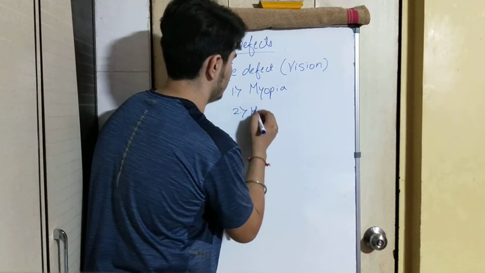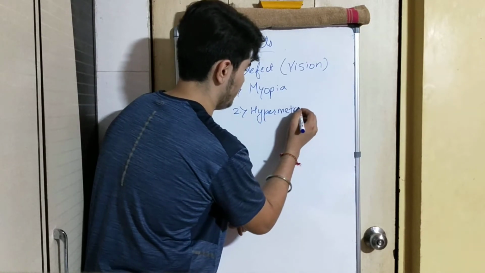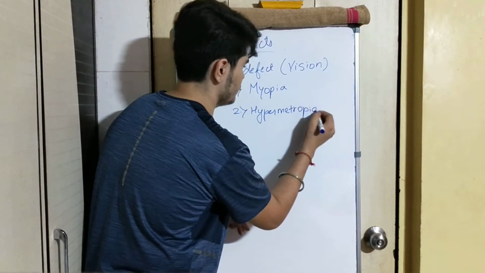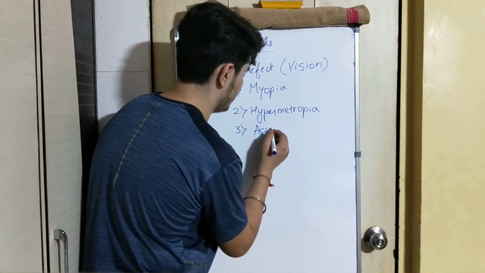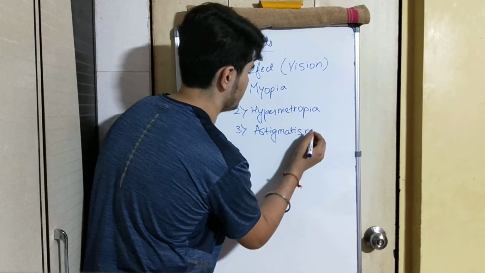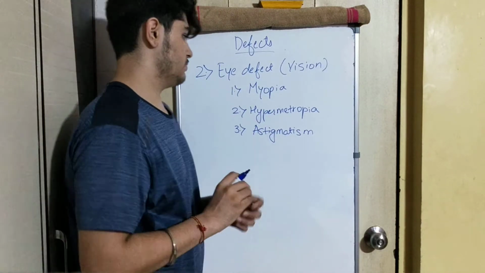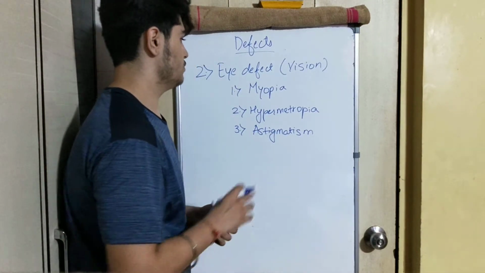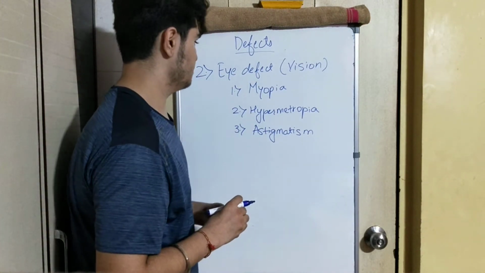Second is hypermetropia. Third is astigmatism. And there are many more, but sticking to the textbook, you have got these.